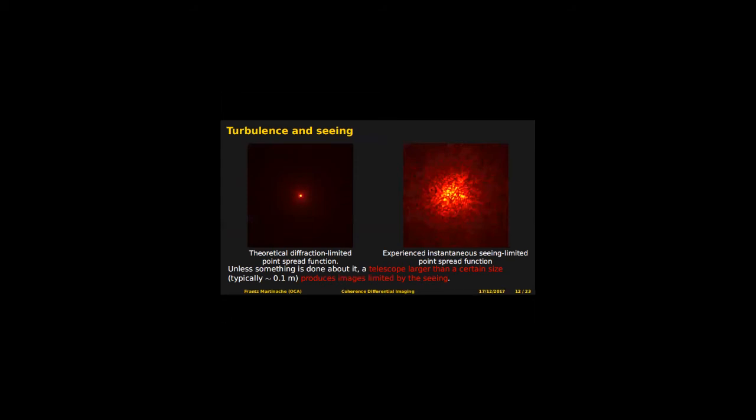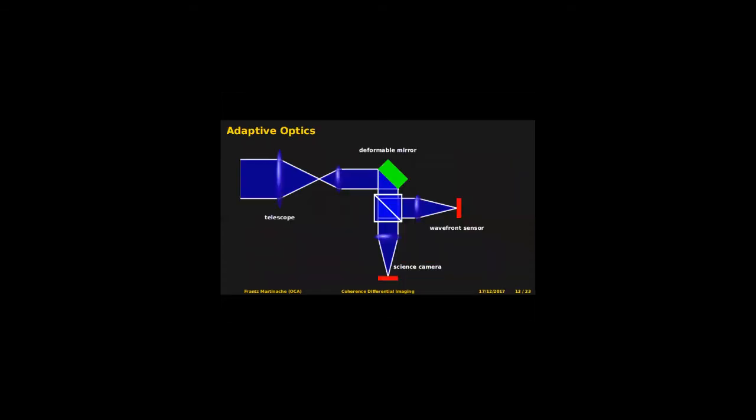So you go from images that are telescope-diffraction dominated to images that are dominated by the seeing of your telescope. So good luck trying to just mask out the light from the star in there and leaving the light of faint sources in the neighborhood untouched.